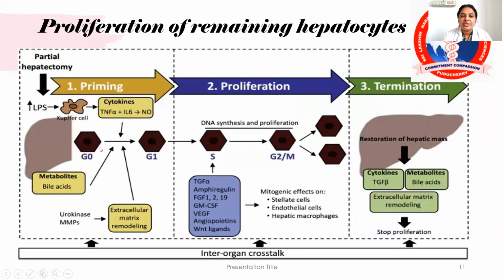So first we will see the proliferation of the remaining hepatocytes. It takes place in three phases. One is priming, second is proliferation, and third is termination. What happens in the priming phase?